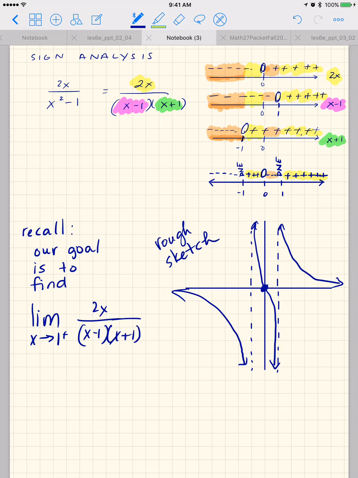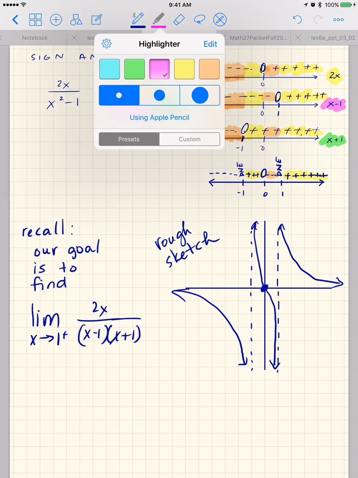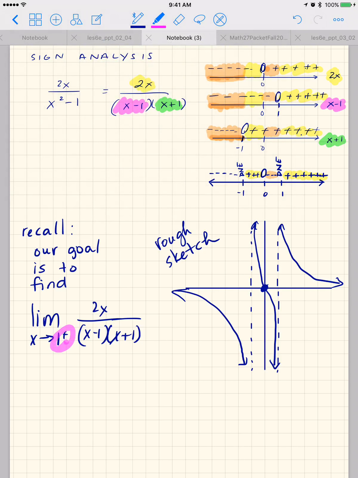Okay? If we're looking at this limit as x approaches 1 from the right, that means that we're looking at values here. So did you see what I did there?